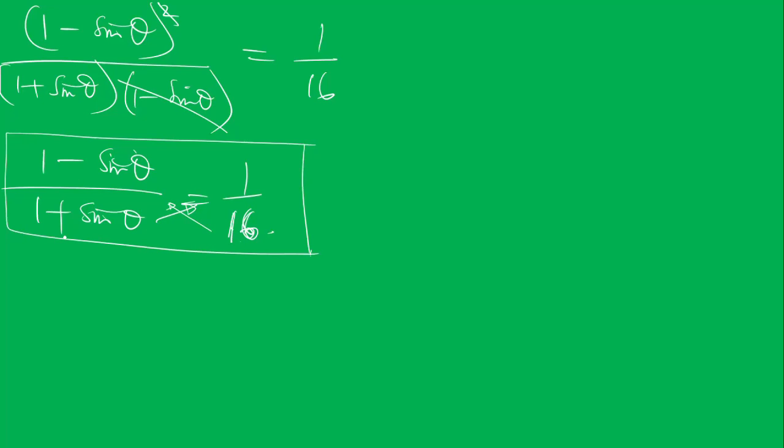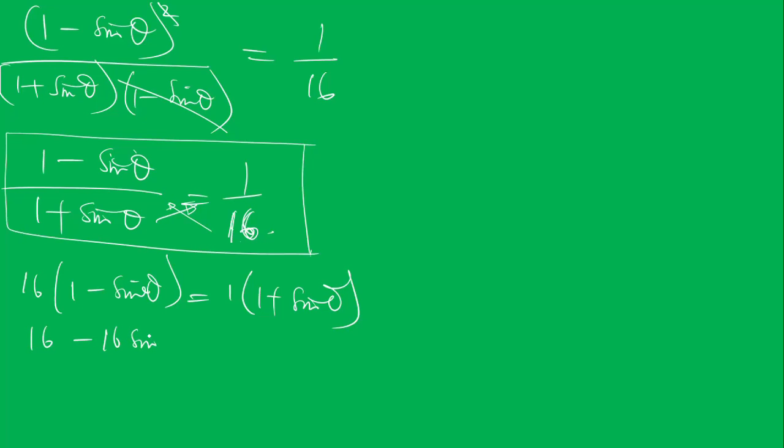So 16 into 1 minus sine theta is equal to 1 times 1 plus sine theta, by cross multiplication. So you have 16 minus 16 sine theta is equal to 1 plus sine theta.